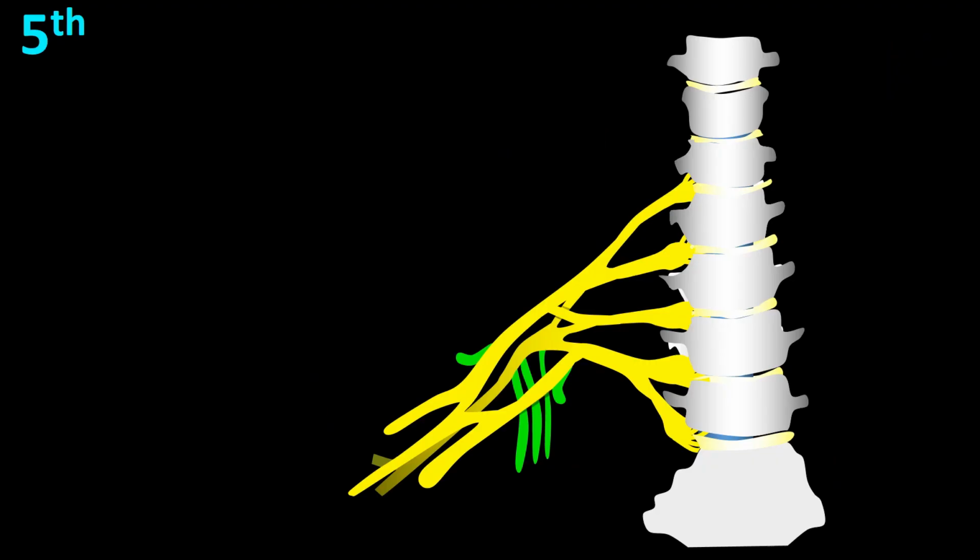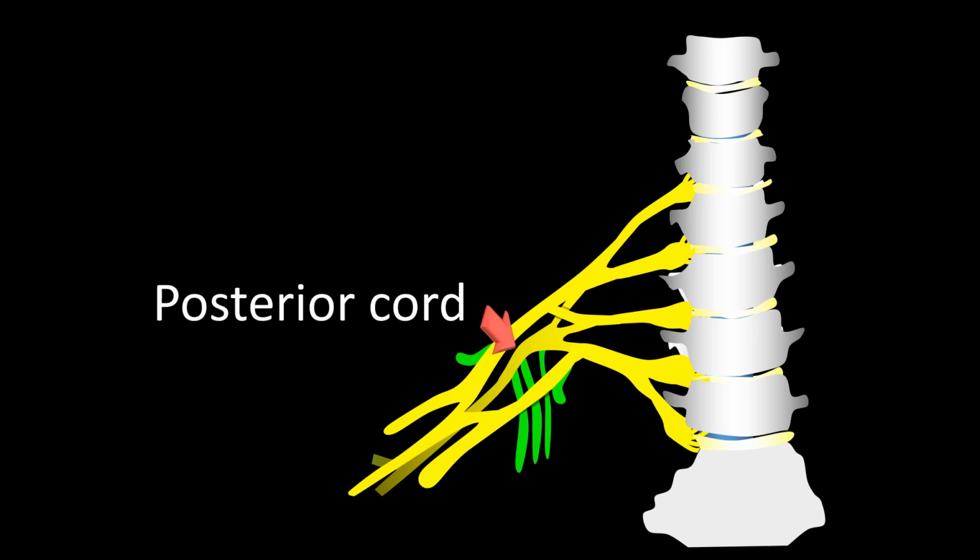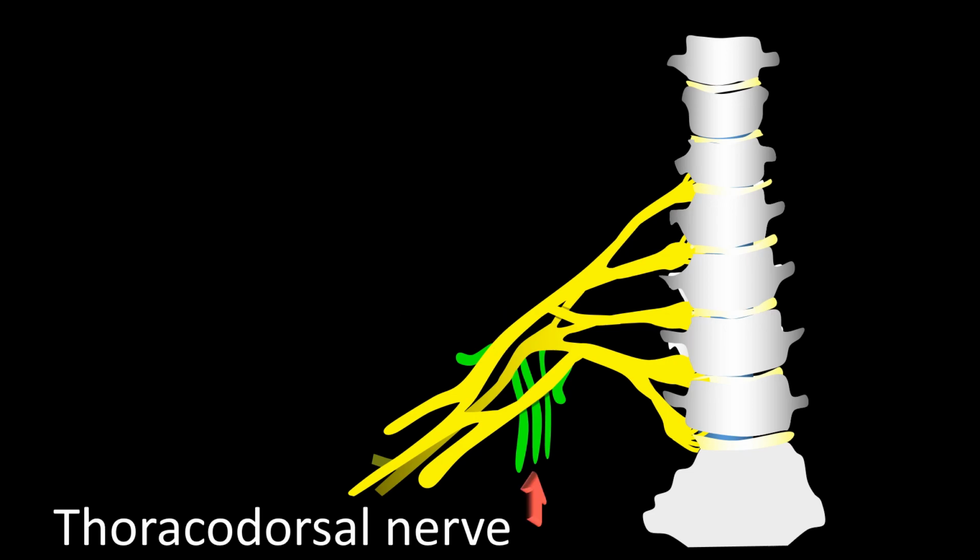The fifth nerve arising from the middle brachial plexus region does so from the posterior cord and is called the thoracodorsal nerve, though judged by its location between the upper and lower subscapular nerve it should have been called the middle subscapular nerve. But it was not so.